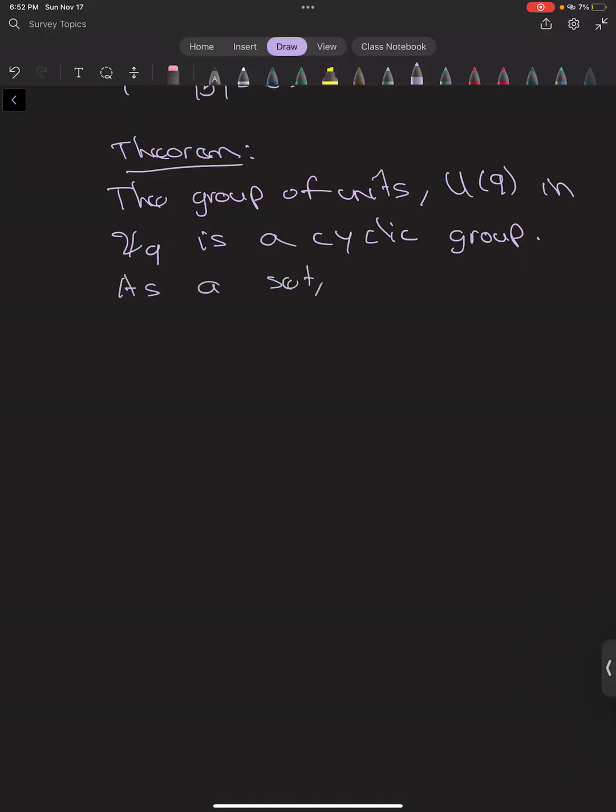As a set, what is U9? It is 1, 2, 4, 5, 7, and 8, the relative primes to 9. So basically 3, 6, and 9 are not there, right?